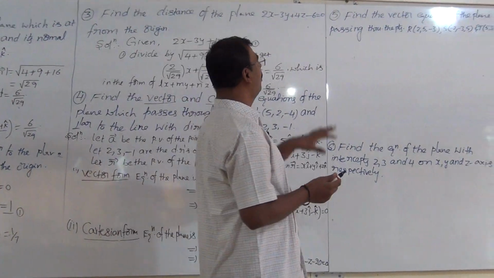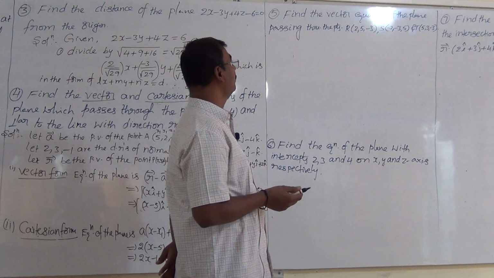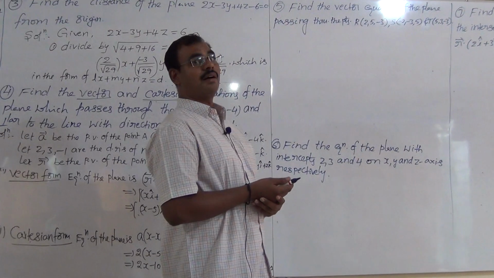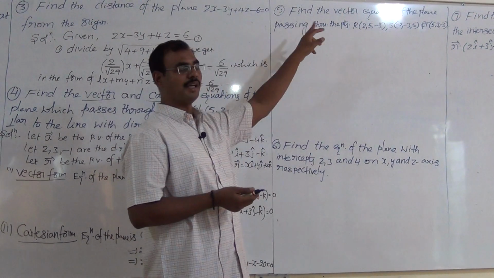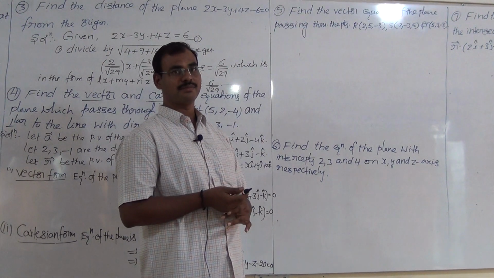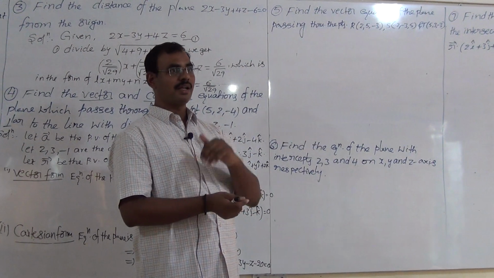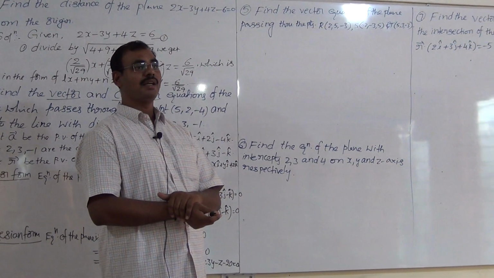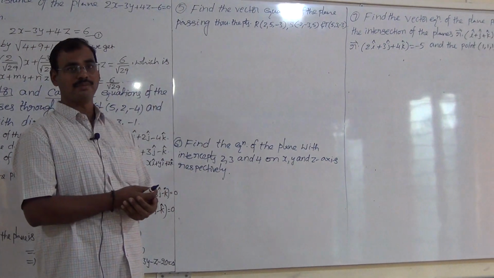Find the vector equation. Next model, 5th question. Find the vector equation of the plane passing through the points, those are 3 non-collinear points. If 3 points are non-collinear, meaning not lying on the same line, what is the equation of a plane? Vector equation of the plane is asked here.